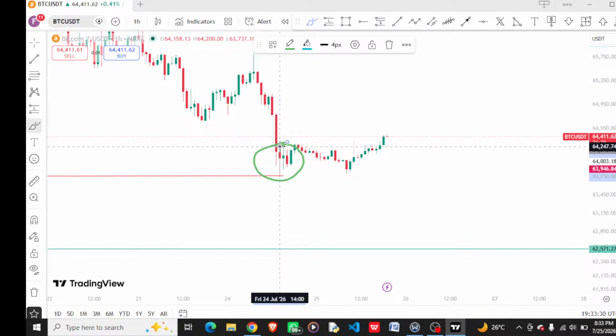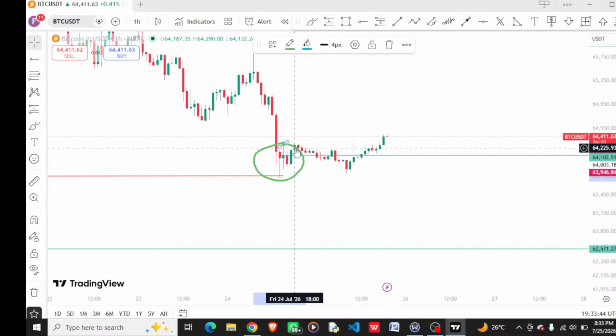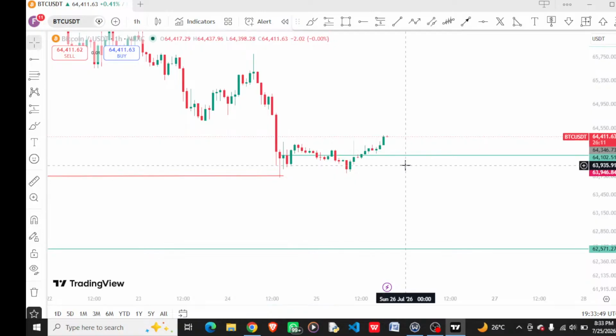So any downside move, there will be a breakout from that chubby area that I mentioned. So the chubby breakout, when it breaks out of my trend line, then it will start going up. So these are the things you have to learn.